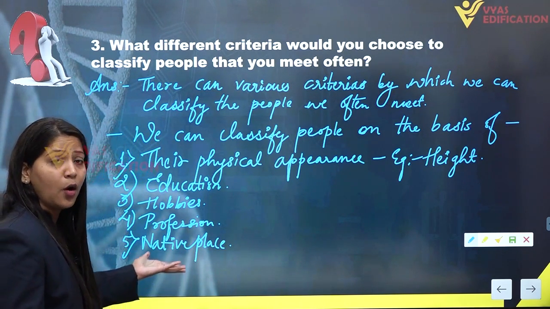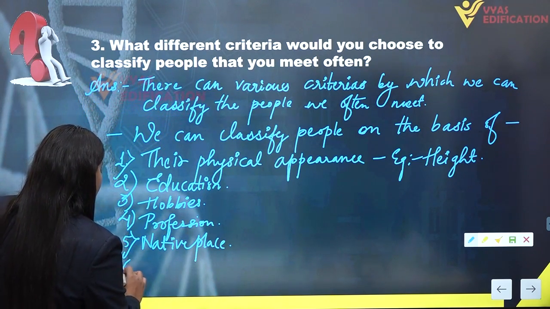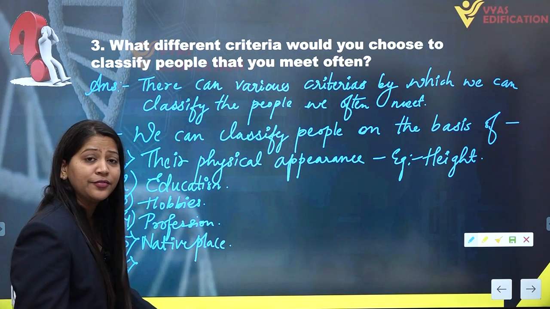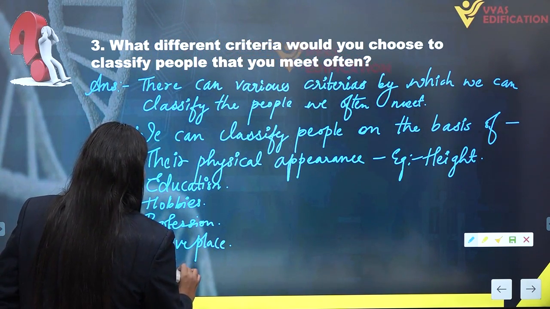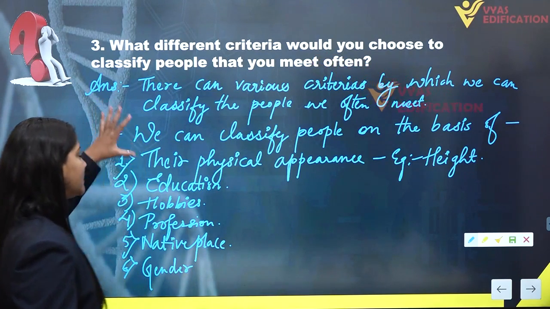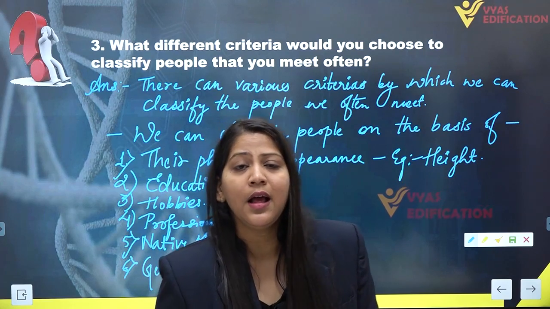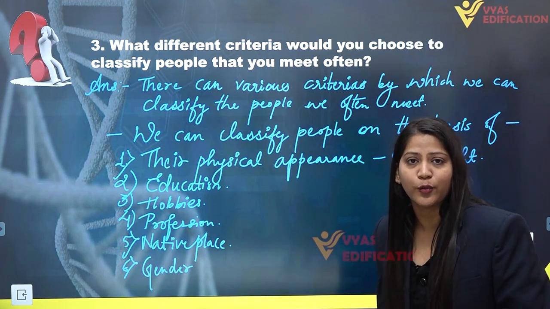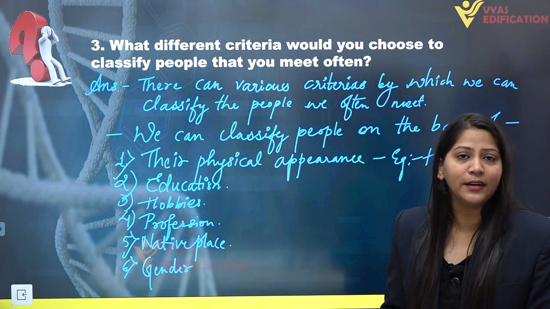Actually, this can also be the criteria to classify the people. And last but not the least, we can classify the people on the basis of their gender. This will help to understand the people and the classification as well. So this is the complete solution and answer of this question number 3.